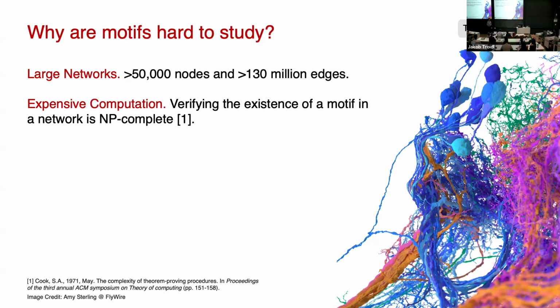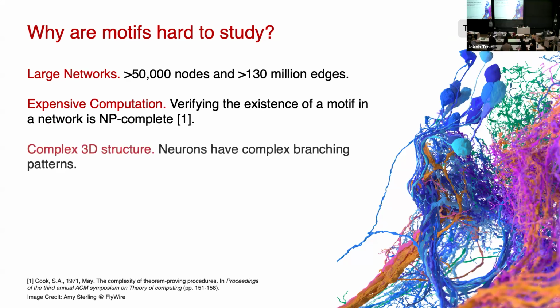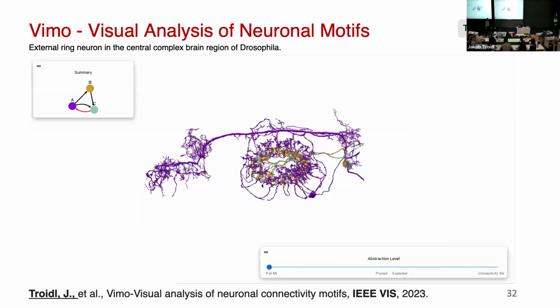For example, verifying whether a certain motif exists in a graph is an NP-complete problem. And finally, the neurons themselves, the nodes in the network, have a complex three-dimensional structure with very complex branching patterns. I think that makes this problem especially interesting from a data visualization perspective, in that the graph itself inherently has some sort of spatial dimension to it.